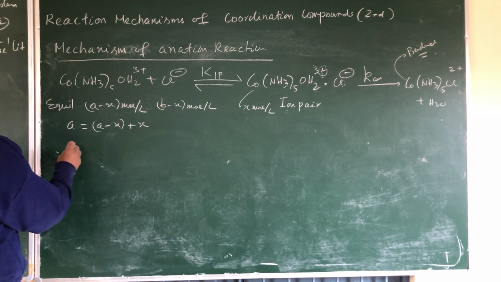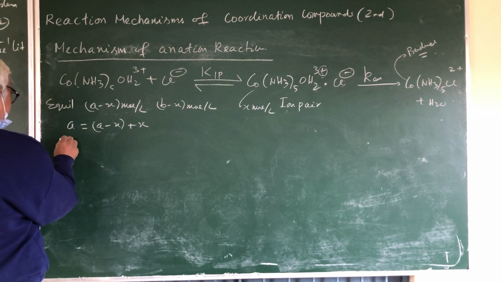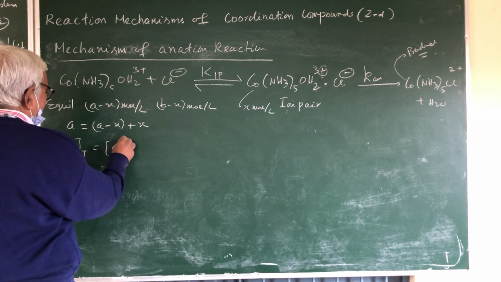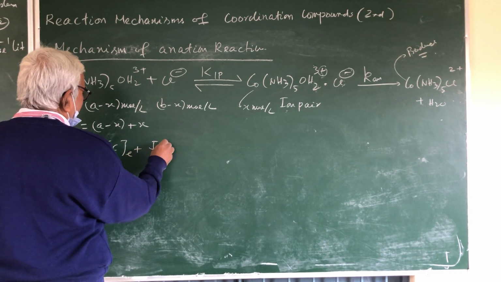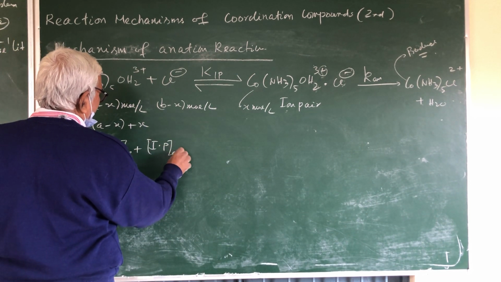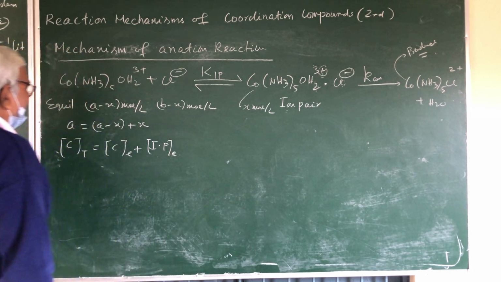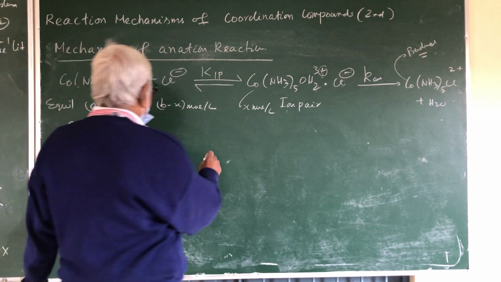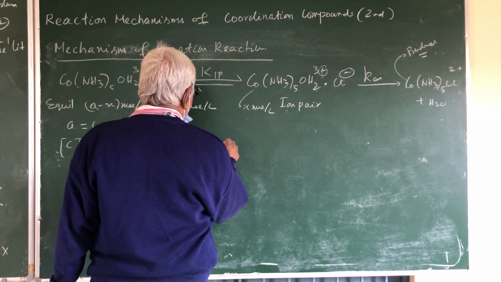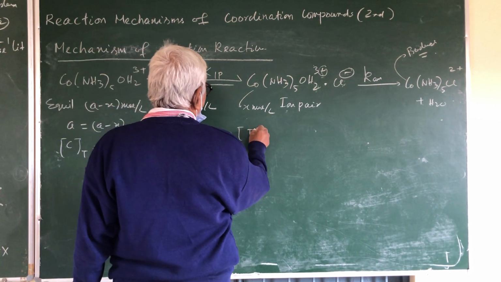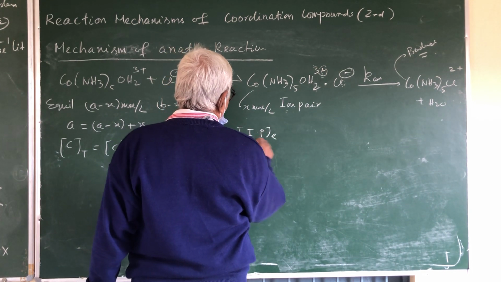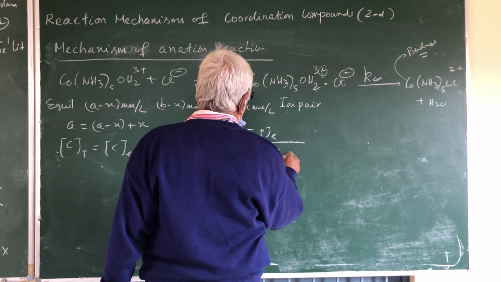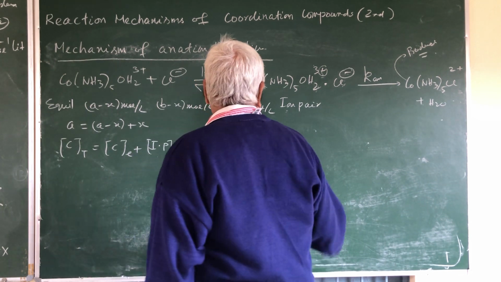Therefore, complex total will be equal to complex equilibrium plus ion pair equilibrium. K IP, the ion pair formation equilibrium constant, will be ion pair equilibrium by complex equilibrium into chloride equilibrium. This is equation 1.